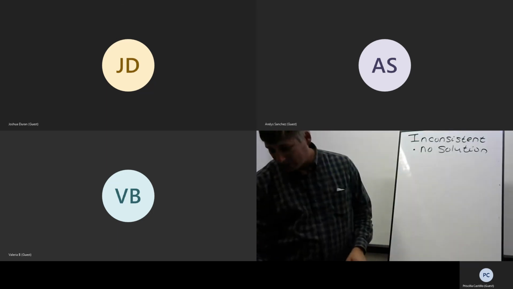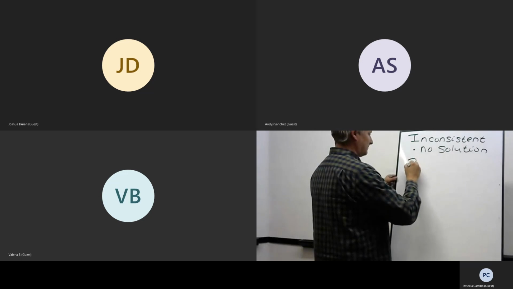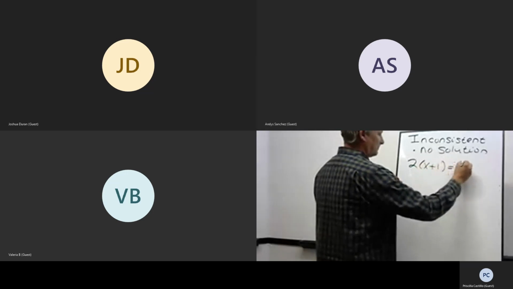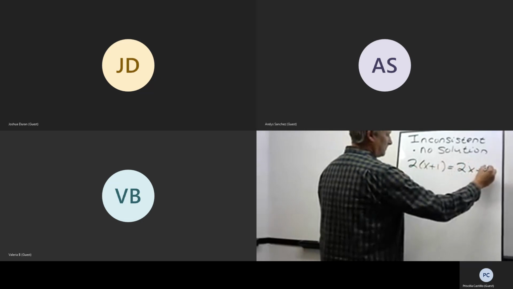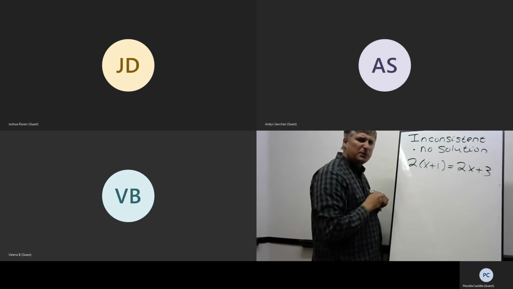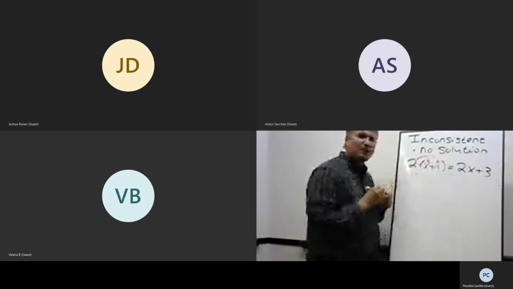So an example of one of those. Again, to get rid of parentheses, we distribute. That will get rid of those troublesome parentheses.